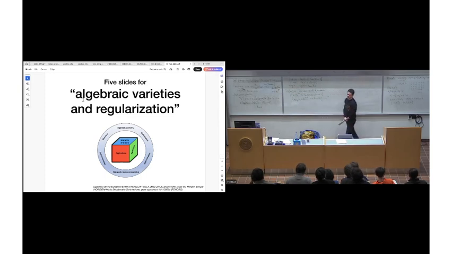You take the Zariski closure in C to the n of the exponential of every point in the row span.